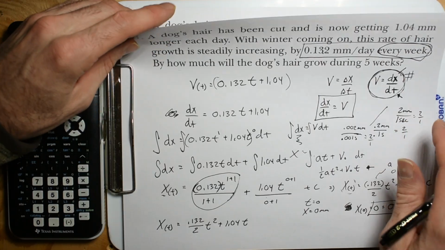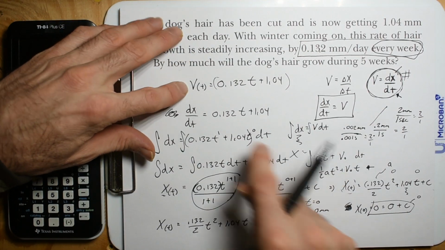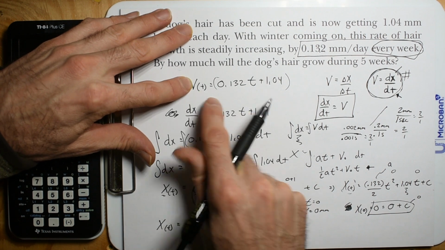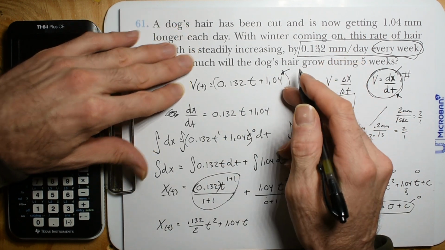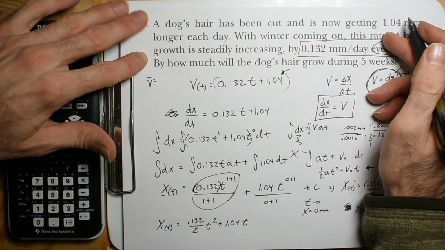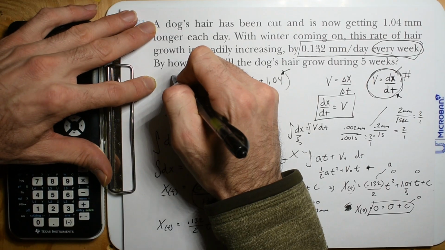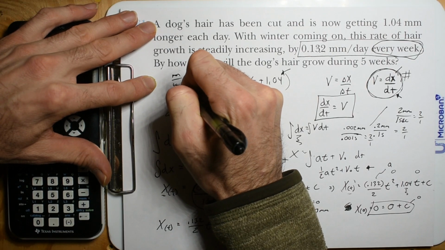So when we go back to that first integration that we did, this is a velocity, and this term is wrong. Our average velocity was 1.04 millimeters per day. We need the average velocity in millimeters per week.